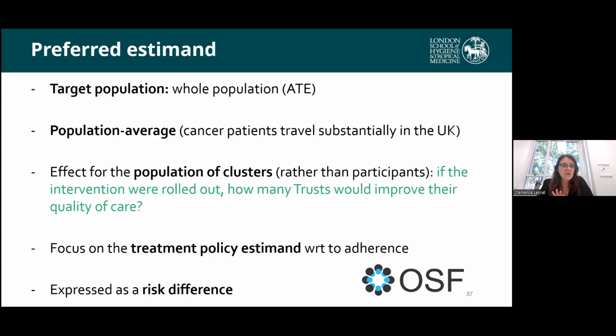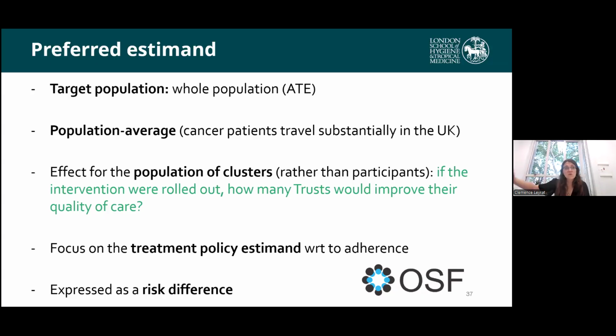Then we also focus on a population average effect rather than cluster specific, because we know from previous research that cancer patients travel substantially across hospitals. So actually they are not really stuck where they are. So maybe population average is more relevant in this situation. And as a start, we saw that maybe we are interested in the effect for the population of clusters rather than participants.